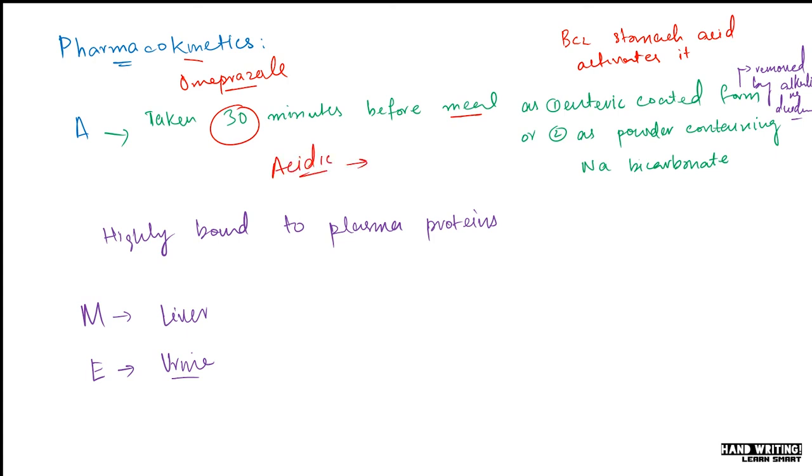So they are mostly present as enteric coated form, and this enteric coating is resistant to acids. Or they may be taken as powder containing sodium bicarbonate, which neutralizes the acid and thus prevents the degradation of the drug. This enteric coating is removed by the enzymes in the alkaline duodenum.